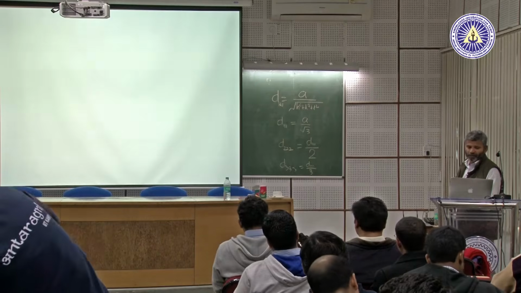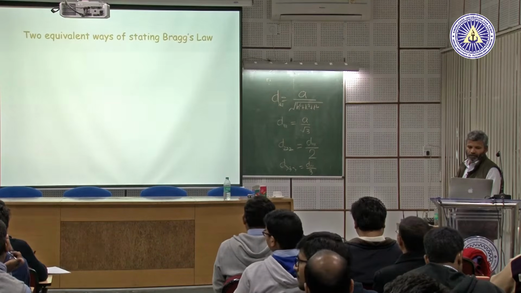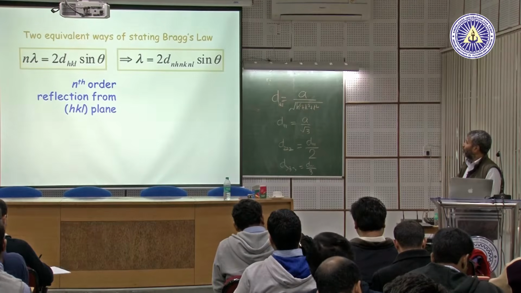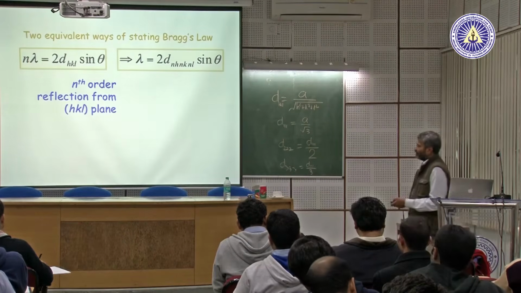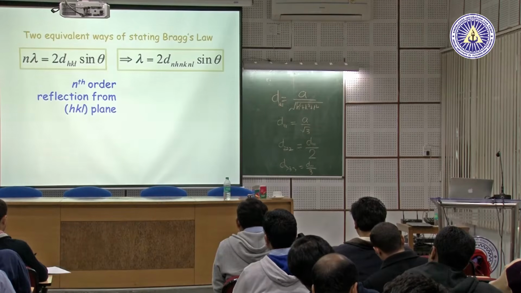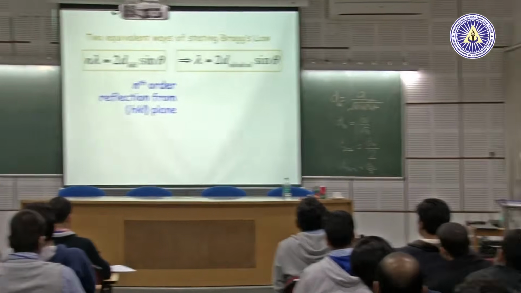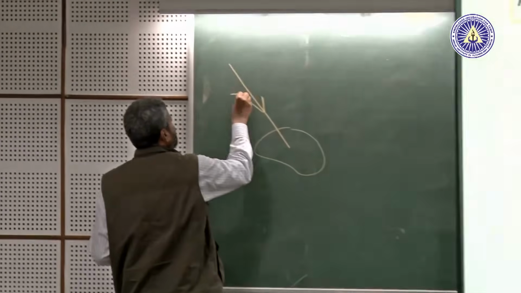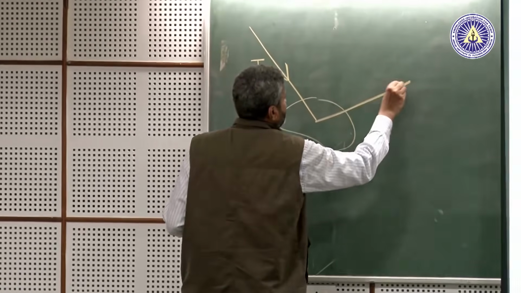So, this is the second form. Essentially what we are saying is that a crystal is there, the incoming beam, the incident beam, was there, and you got a diffracted beam.